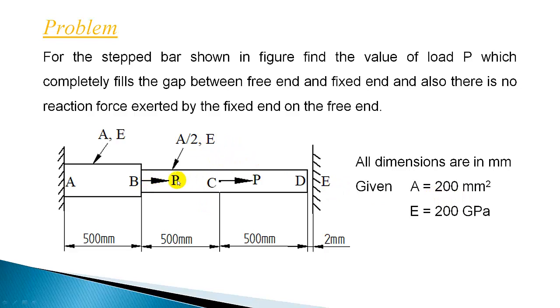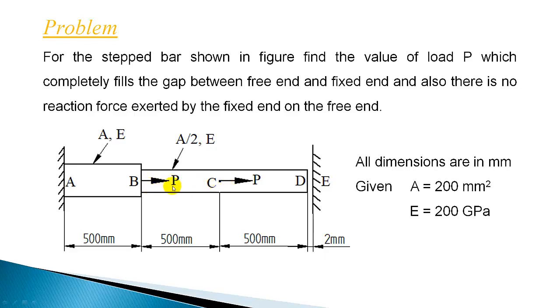Since the forces are acting in the rightward direction, which will try to elongate this composite bar, this elongation will slowly fill this gap. So as the forces increase, the gap gradually closes. The forces applied at B and C are of equal magnitude.